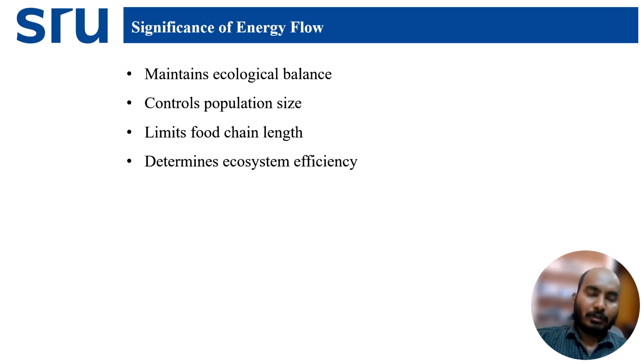So now you can see the significance of energy flow. As we discussed in the previous slide, energy passes from one trophic level to another. At each trophic level, there is a loss of energy because of movement and respiration, etc. Energy flow maintains balance in the ecosystem.